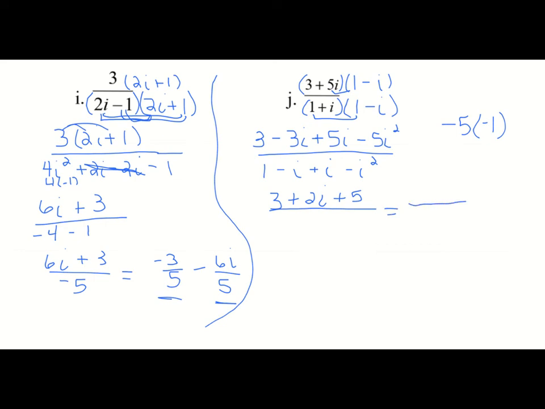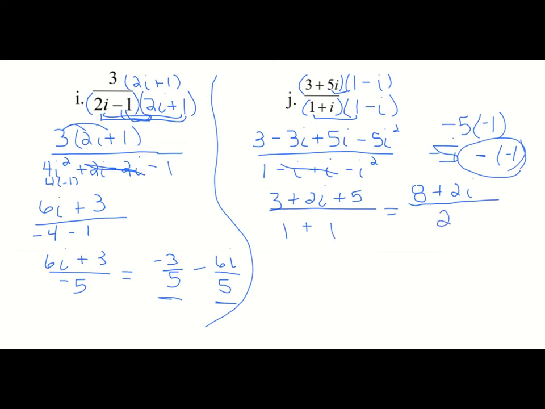So if I simplify that, I end up with 8 plus 2i on the top. Now on the bottom, my middle terms cancel out, which is what I want. And we have minus i squared, which is the same as saying minus a negative 1. Those two minuses there become a positive 1. So we have 1 plus 1 on the bottom, or we end up with a 2.